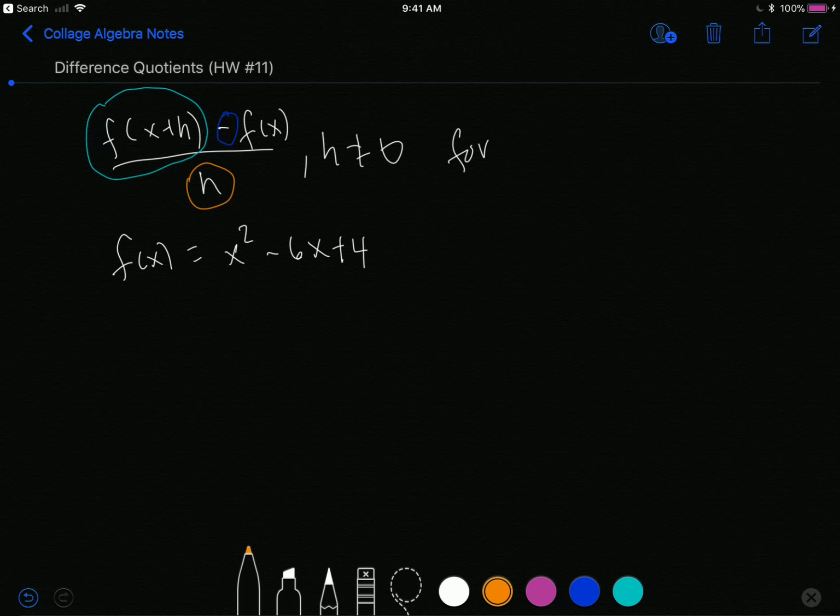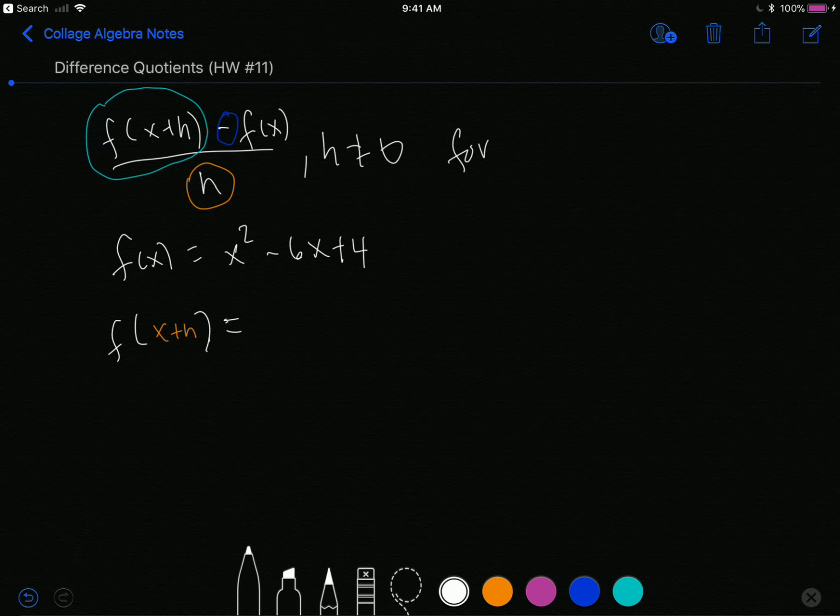The key thing for a difference quotient is that you're always trying to find f of x plus h. What that means for us is that we are going to be plugging x plus h into the function.